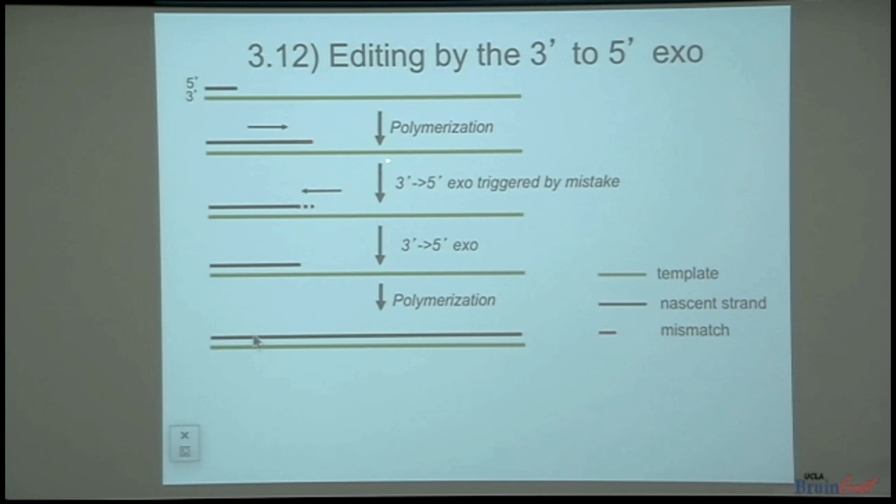It activates its 3' to 5' exonucleolytic active site. And so now we degrade the DNA that contains the mistake. And now we can flip back into the polymerization mode and try again and hopefully get it right the second time.